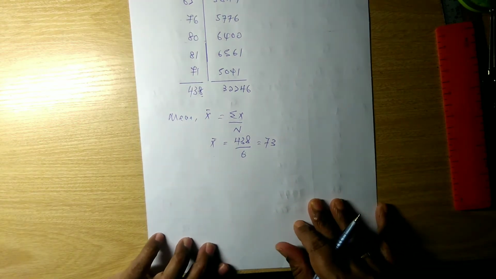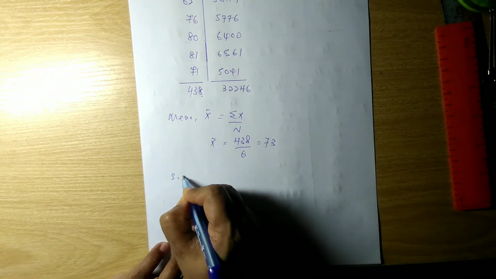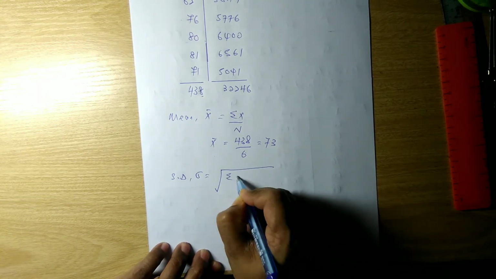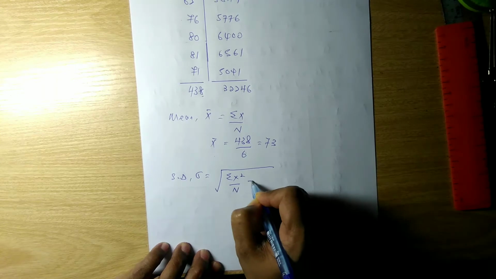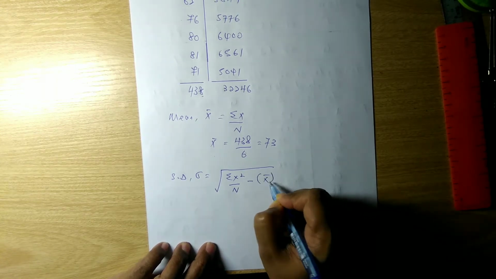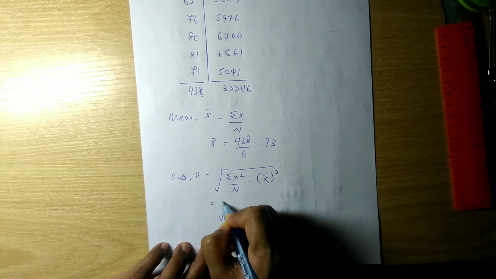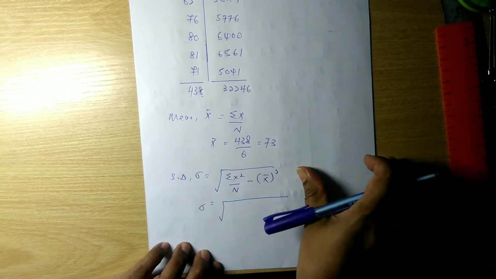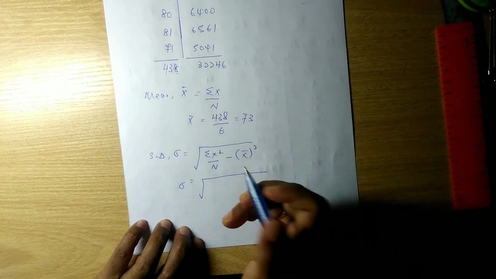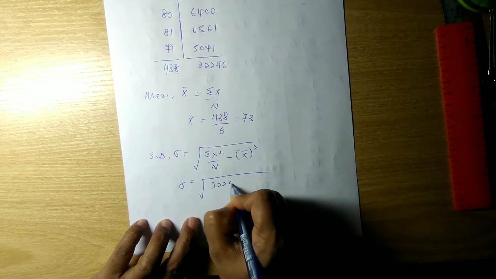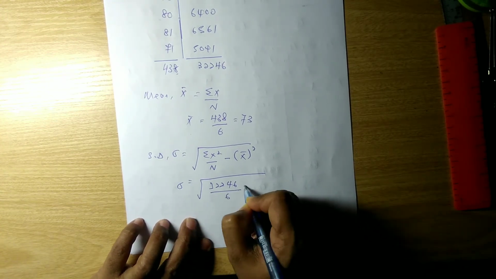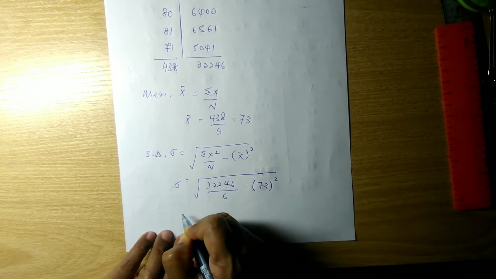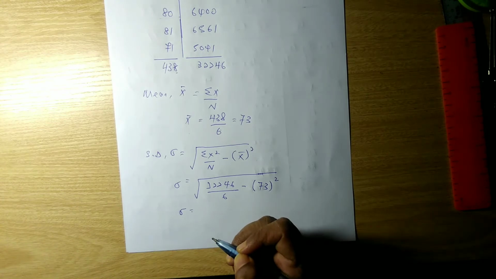Now we calculate the standard deviation. This will be divided by 6 minus 73 squared. Let's do the calculation.